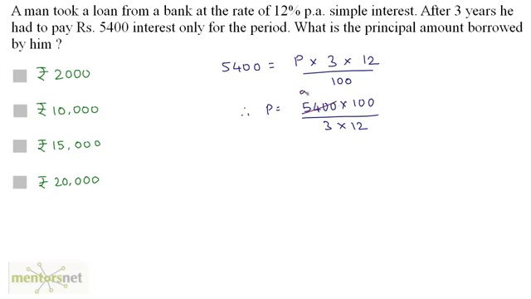Now 6 times 9 is 54 and 6 times 2 is 12 and 3 times 300 is 900. So we have P is equal to 300 times 100 by 2, right, and 300 by 2 is 150. So this is equal to 15,000 rupees. So the amount borrowed, that is the principal, is 15,000 rupees. So option C is the correct answer.